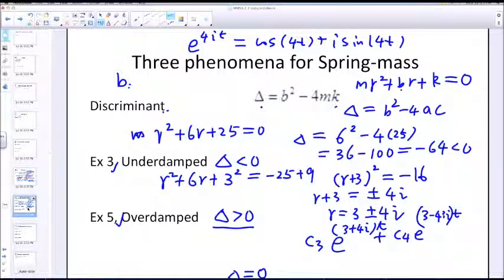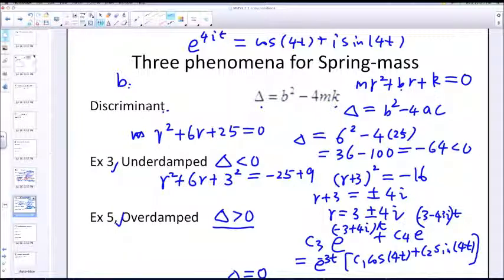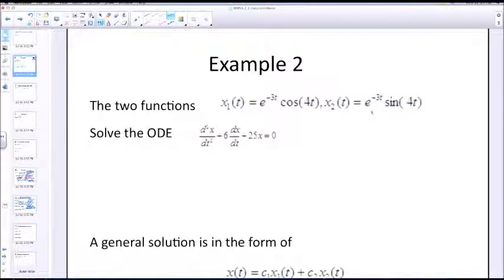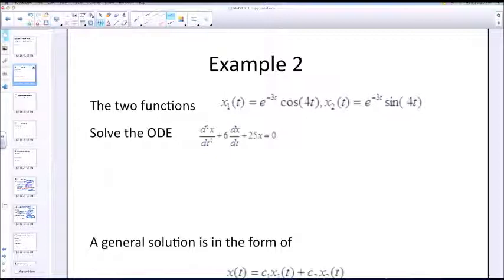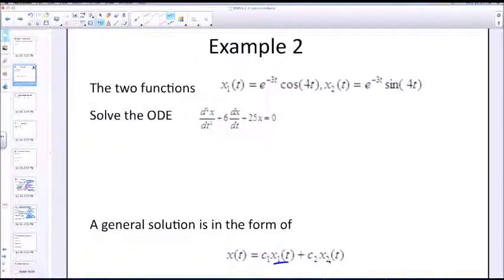We're not going to go into all the detail, but you just remember this is equivalent to e to the negative 3t times c1 cosine 4t plus c2 sine 4t. It looks exactly like what we had here. Actually, yeah. See, the C1 of this and the C2 of that.